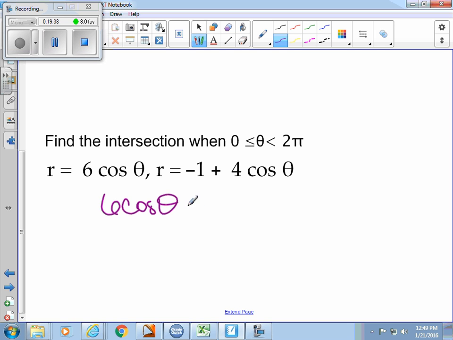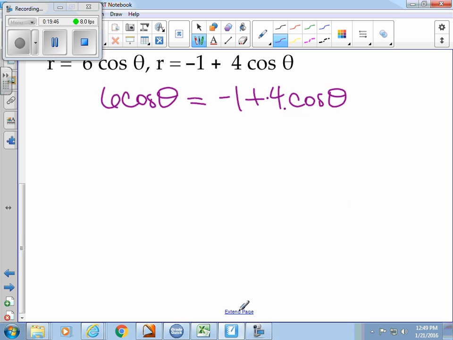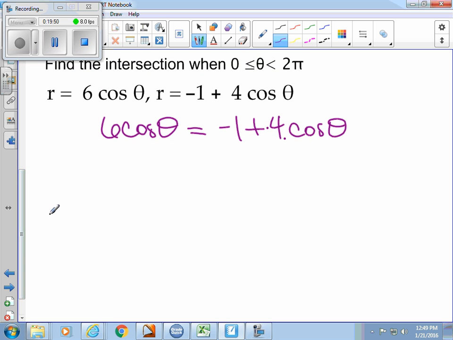6 cosine of theta equals -1 plus 4 cosine of theta. The only difference in rectangular and polar coordinates on finding intersections is that you'll have to solve some trig equations. Other than that, it's the same thing. How would I go about solving this trig equation? All the cosines on the same side.